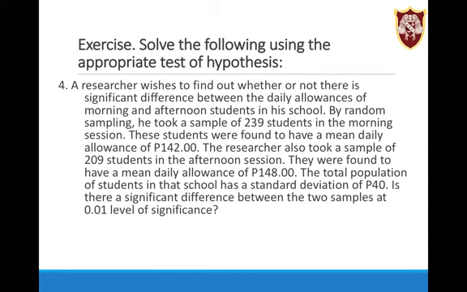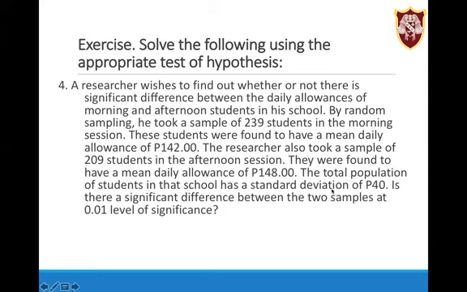So there are actually two samples, no? And then we have their mean daily allowances. There are two sample sizes. And then, okay, what about the standard deviation? So in this statement, the total population of students in that school has a standard deviation of 40 pesos.